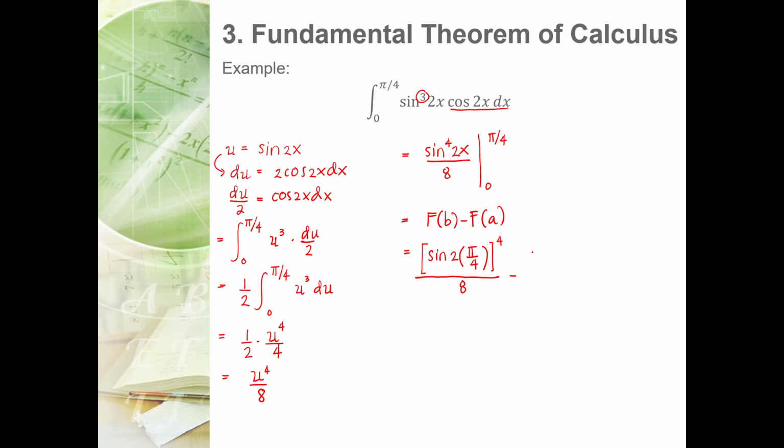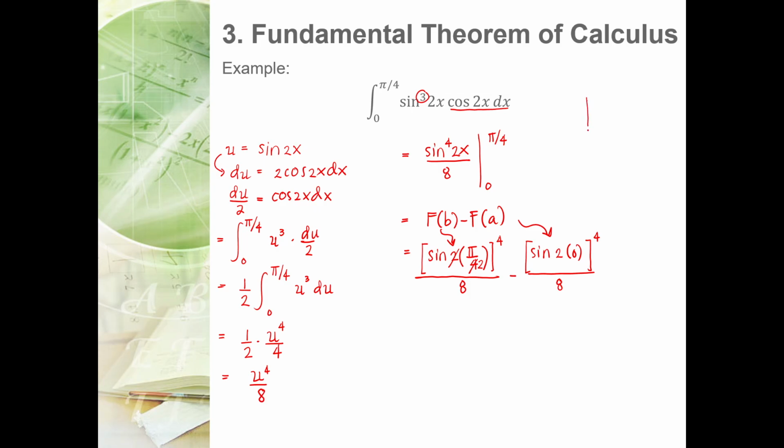And then minus sine of 2 times 0, then raised to the power of 4, all over 8. So this one is f of b, this one is f of a. So cancel out the 2 here. So we now have sine pi over 2.